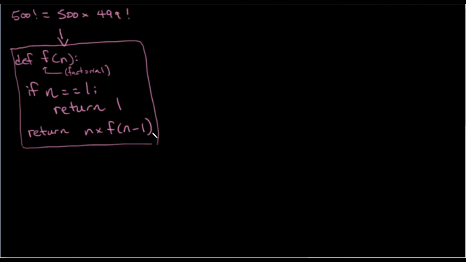And then to find f of n, our original problem, we would multiply that answer to that smaller problem by n. Right? So solving 500 factorial is the same as solving 499 factorial right here, and then multiplying it by 500.